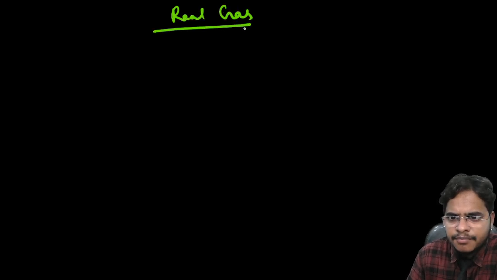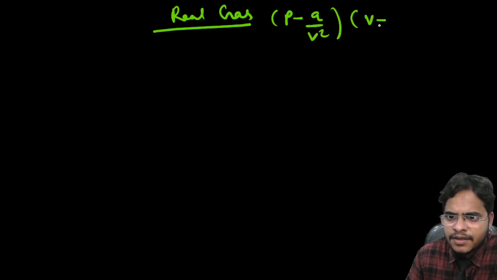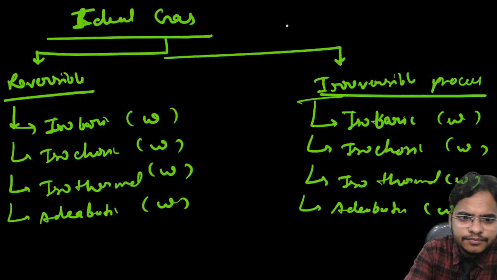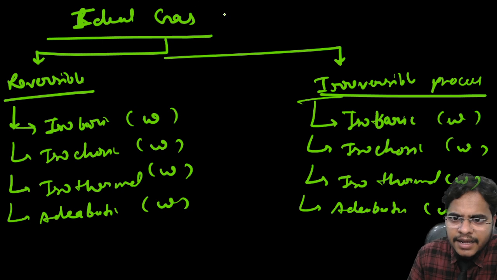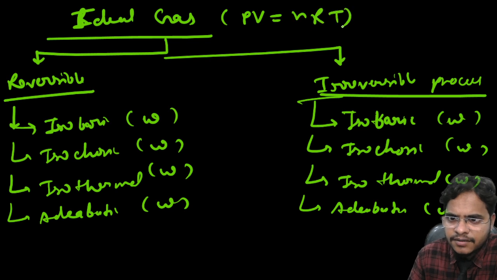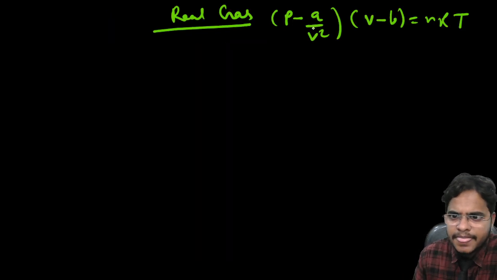And we have real gas, the real gas equation, the van der Waals equation, (P plus a upon V square)(V minus b) equals nRT. Okay. The ideal gas has the equation PV equals nRT. Okay.